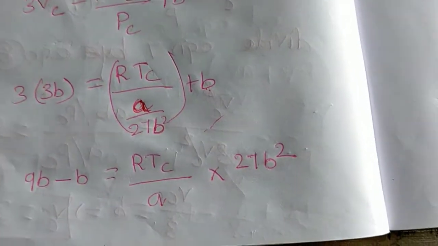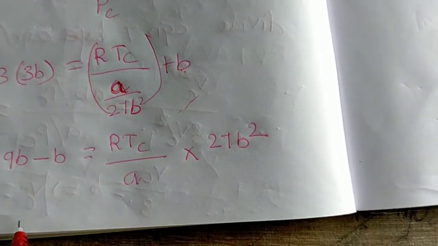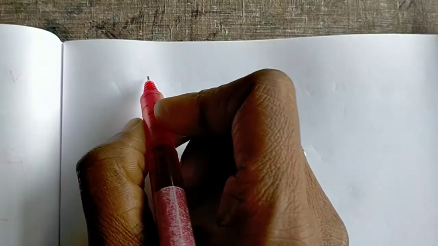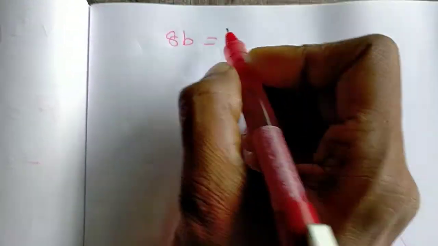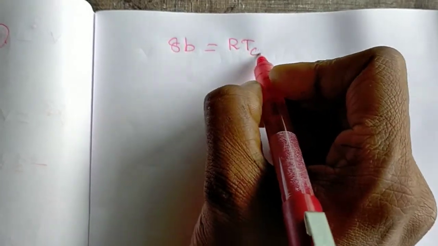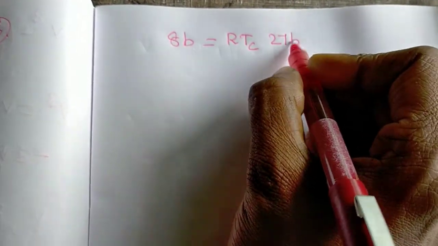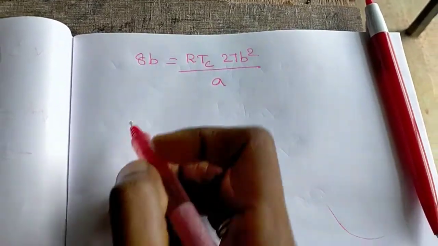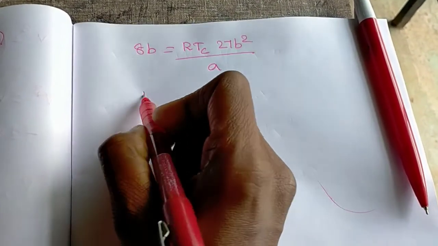Then what will be the next step? 9B minus B is 8B. Then write the values. 8B equal to RTC into 27B square divided by A. From this calculation, we have to write the TC value.